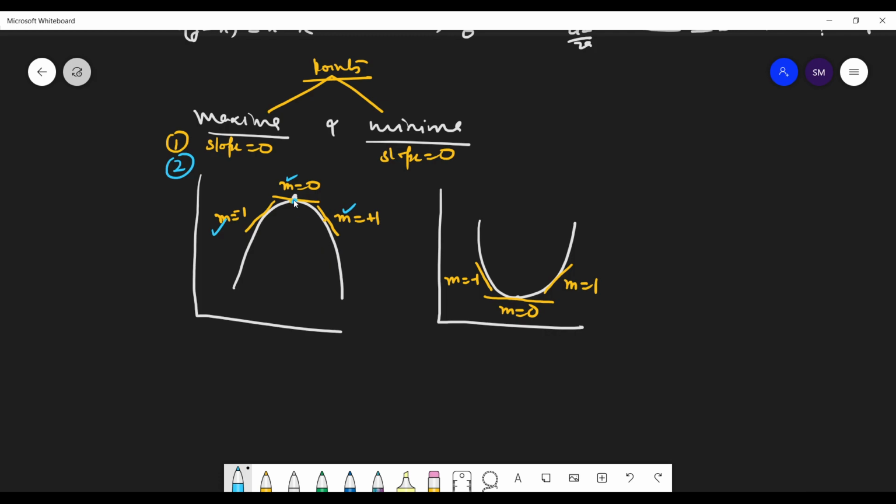See, here the slope is 0. But I am asking, is your slope at this point increasing or decreasing? Increasing. So slope is increasing.